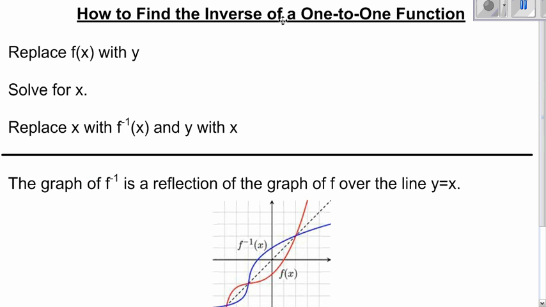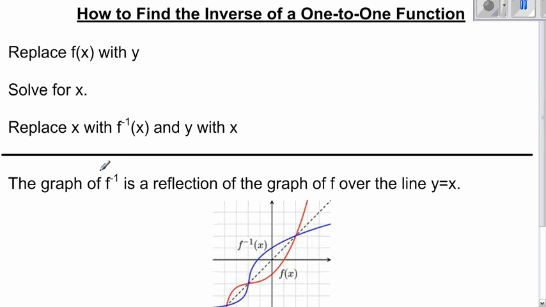So this is how you can find an inverse of a one-to-one function. Remember, only one-to-one functions have inverses. So first, to do it algebraically, replace f of x with y, then solve for x, then replace x with f inverse, and replace y with x.